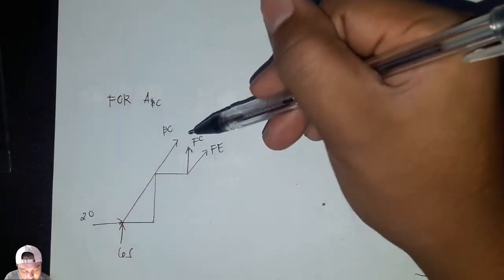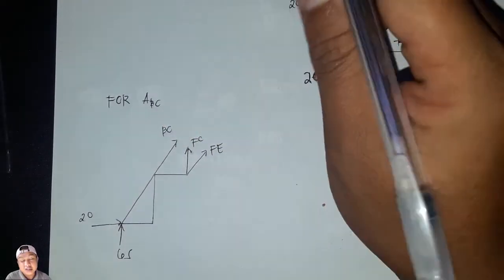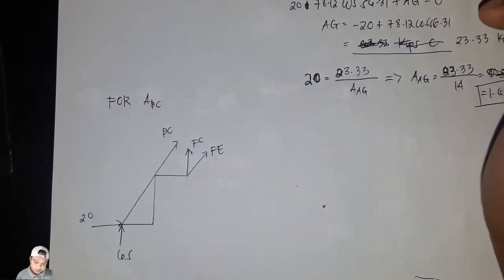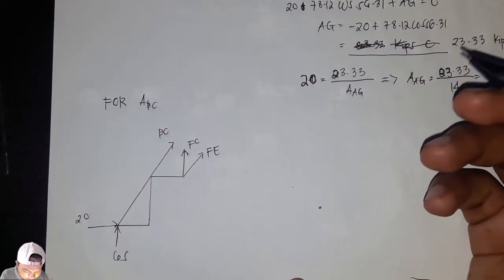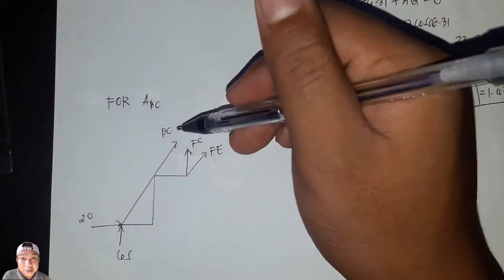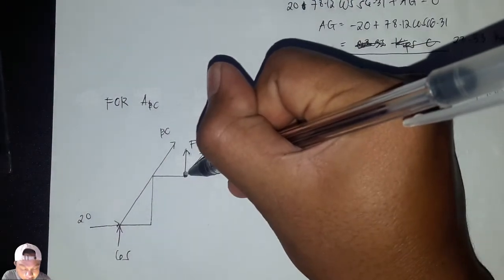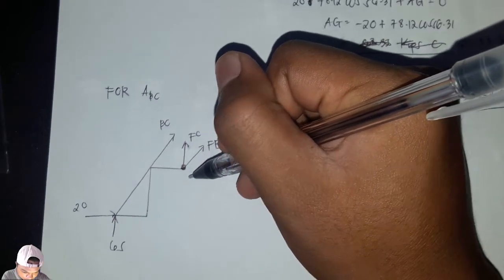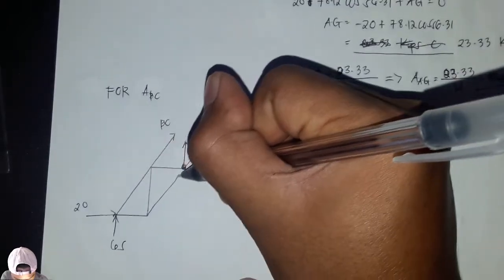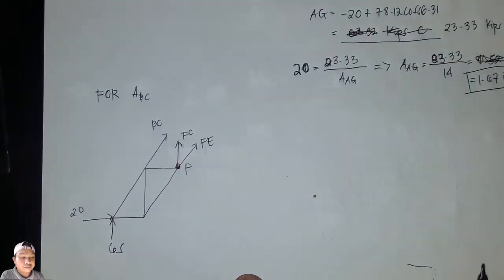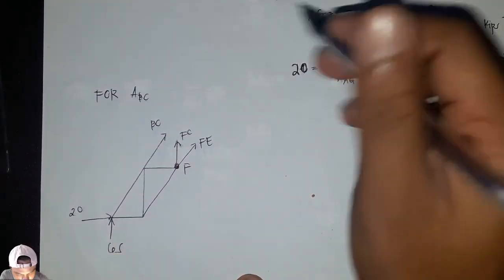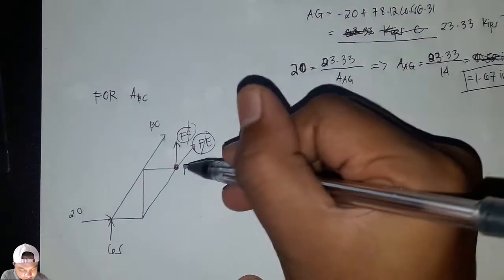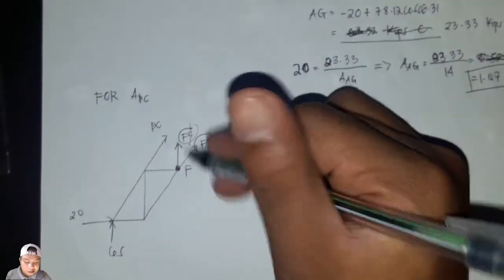Ito yung isolated section ng truss natin. So start tayo to solve for member BC. So magsa-summation moment ako dito sa point na to. Ito yung point F.